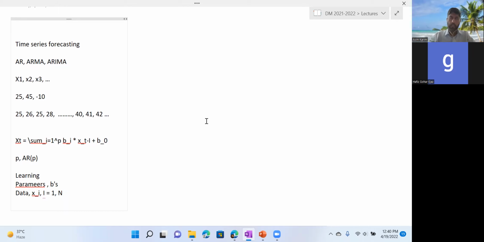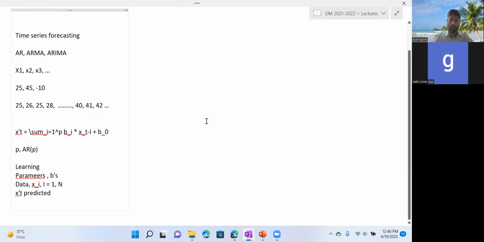And then let's say the predicted value, let me call that X prime t. So this is the predicted value. The equation that I wrote there would be for the predicted value. So you have the data set X, and for each X, you have the predicted value for some b's.